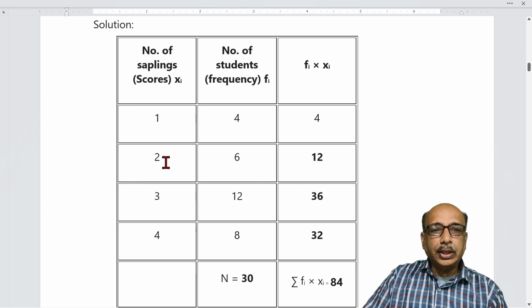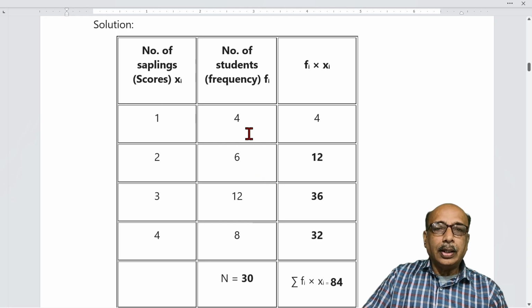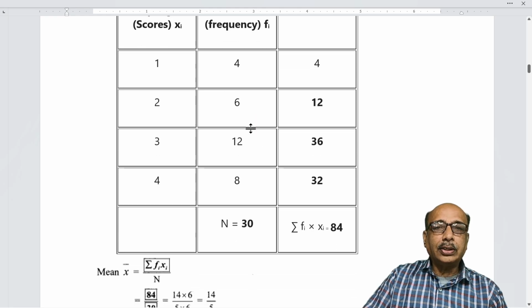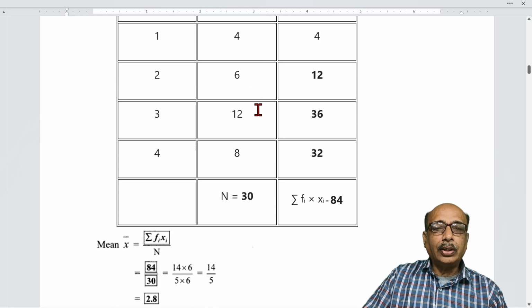So 6 into 2 will be 12. 12 into 3, 36. 8 into 4, 32. Now, number of students, the total of fi you want to make.